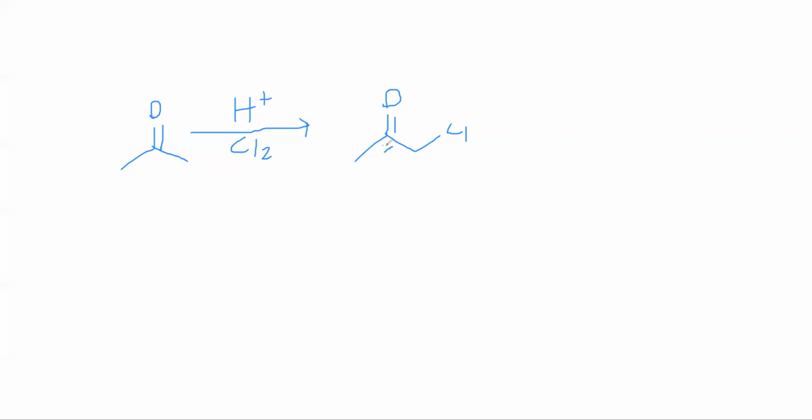So it's going to pull electrons from the entire molecule towards it. And by doing that, it makes this oxygen less basic. So because of that, it's harder to protonate that oxygen again to form another enol, so you can't add another halogen because it's less basic. So the product you form is less reactive than what you started with, and you're basically going to only add one halogen because of all of that.